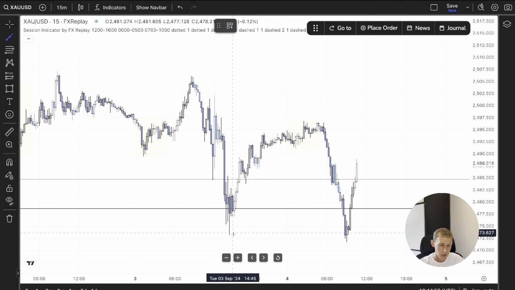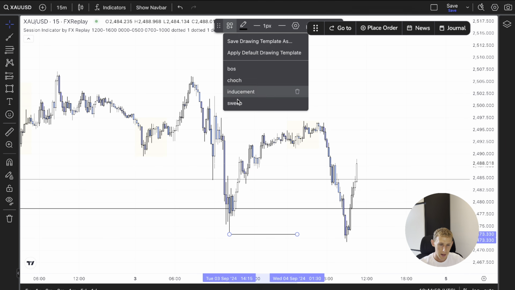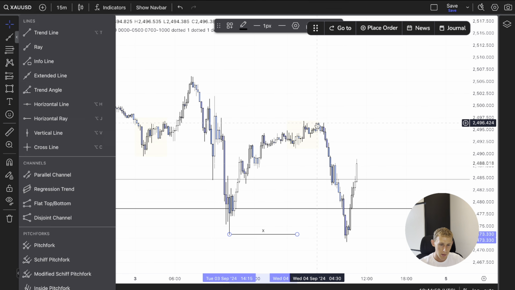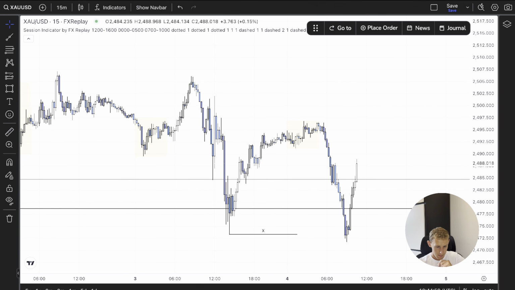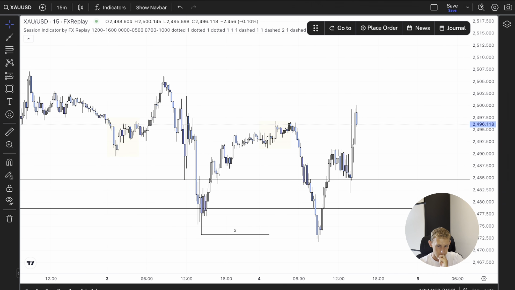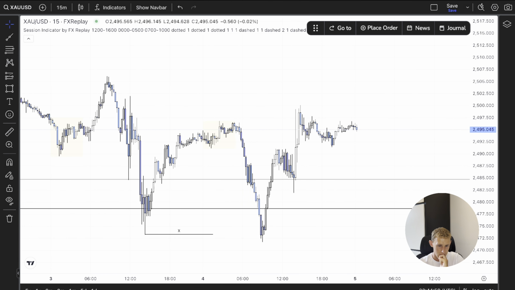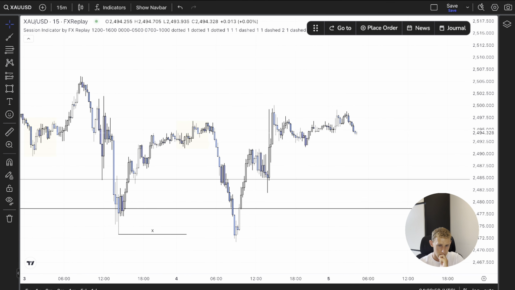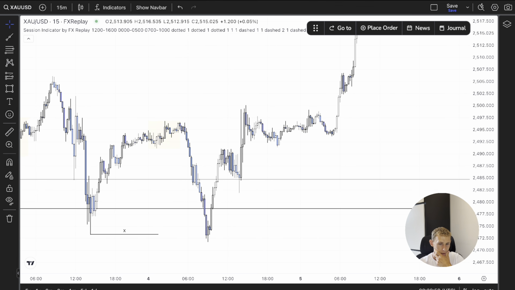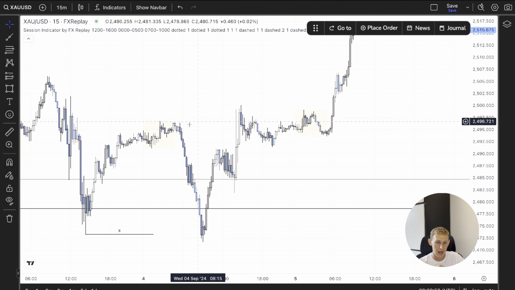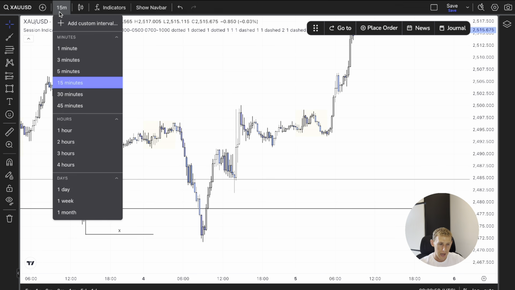At the moment, it has just re-grabbed this low. So maybe if it can break, we would need to see it break this structure up here. Okay, so it did do that, but we didn't really get a pullback for an entry.